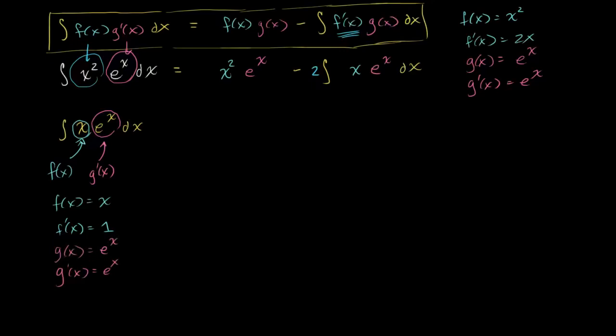So let's apply integration by parts again. This is going to be equal to f of x times g of x. Now f of x is x, g of x is e to the x, minus the antiderivative of f prime of x, well, that's just 1, times g of x, e to the x.